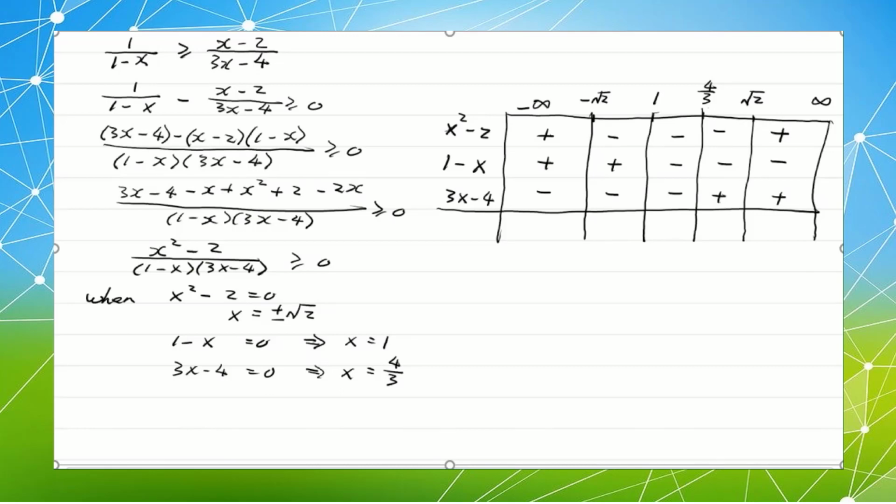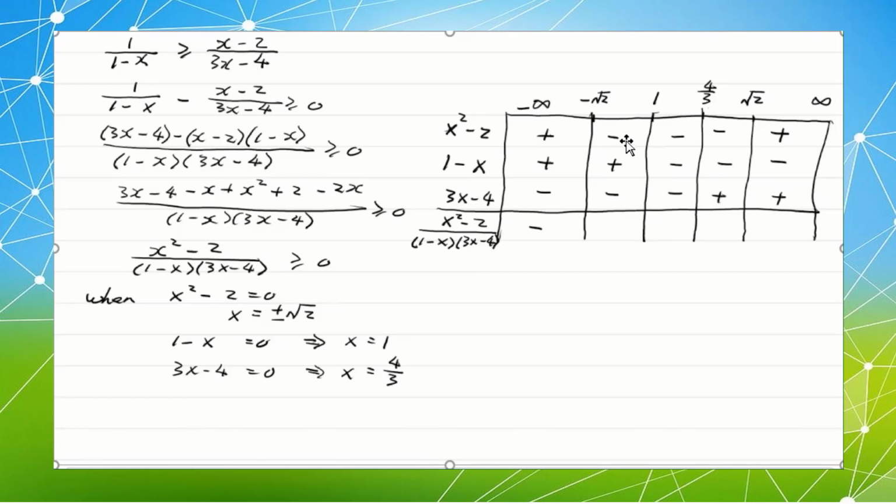Now we need to combine all the factors so that we will get the final answer for x power 2 minus 2 divided by 1 minus x and 3x minus 4. So from here, you can see when positive divided by positive and negative, we will get a negative.